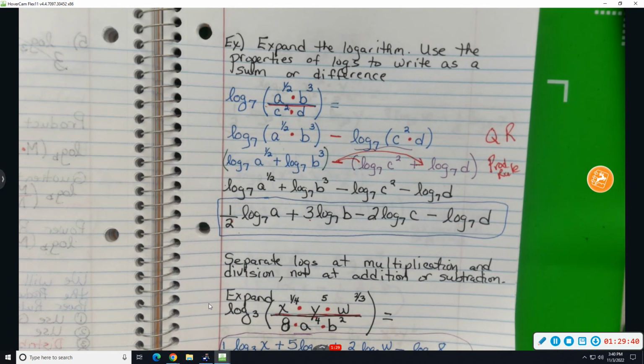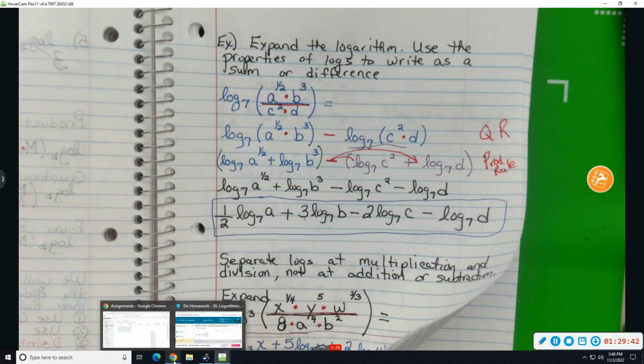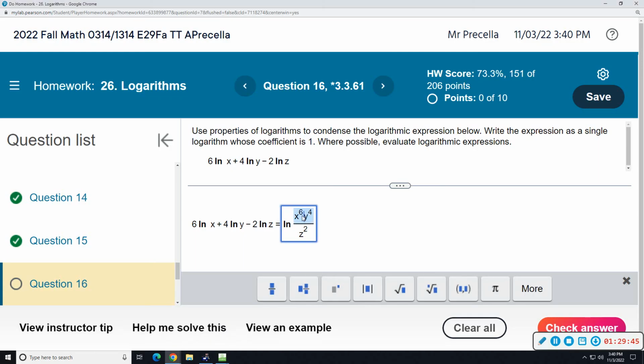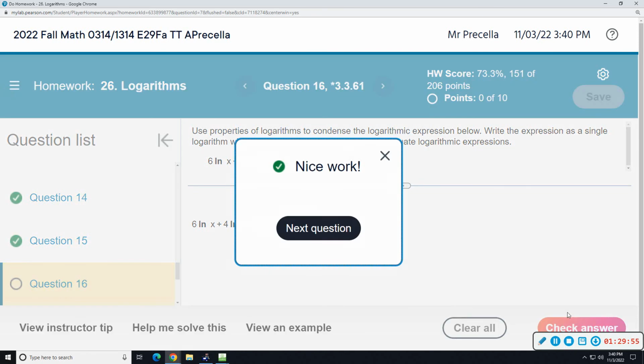If you had the plus up there on top, the x and the y couldn't have been separated. You only separate at multiplication and division. Have you checked it? Okay.